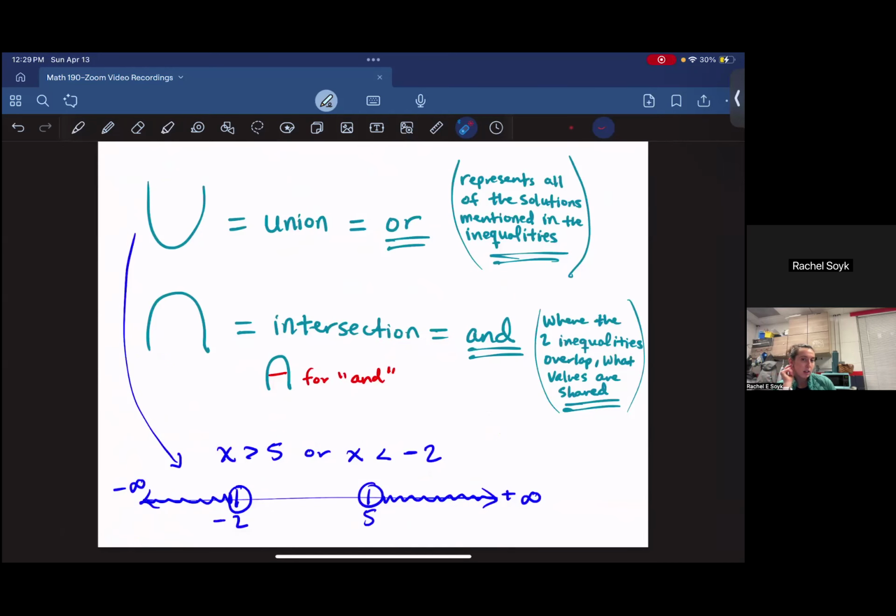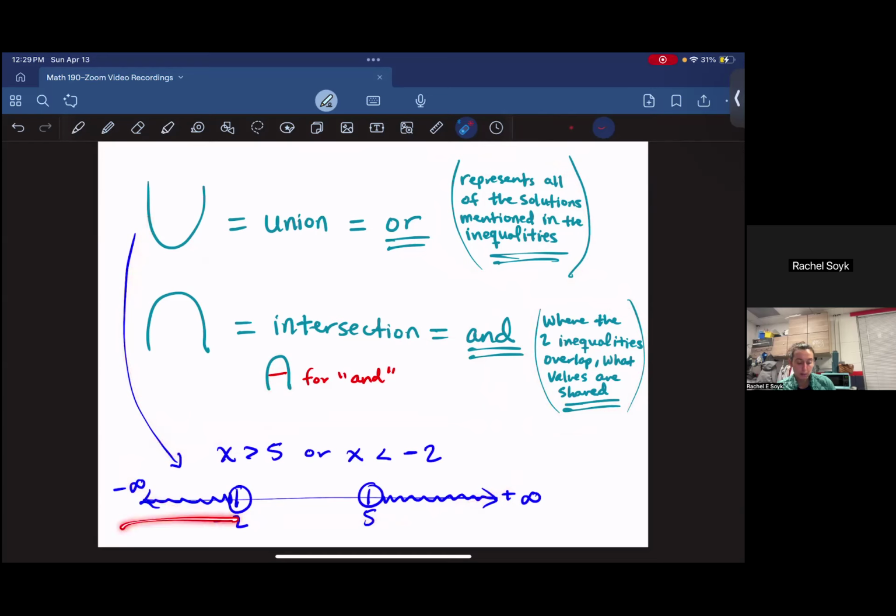And then last but not least, let's touch upon our unions and intersections again. Unions represent all of the solutions mentioned, whereas intersections, our "and," only represent the values that overlap, the values that are shared. I put in an example of a union down here.